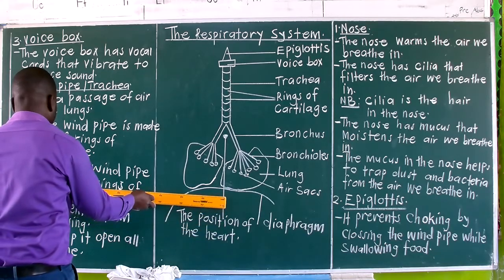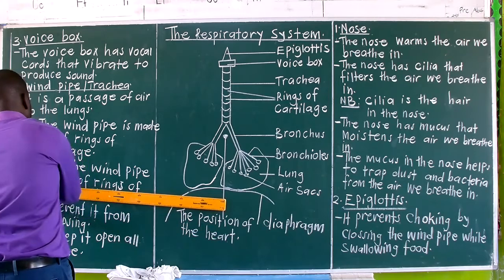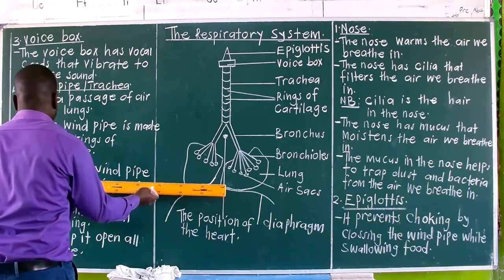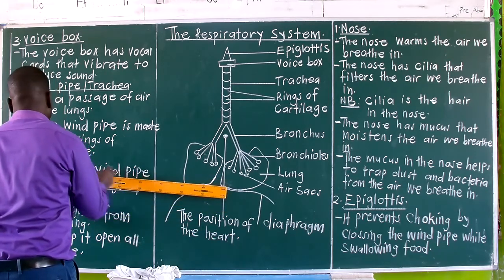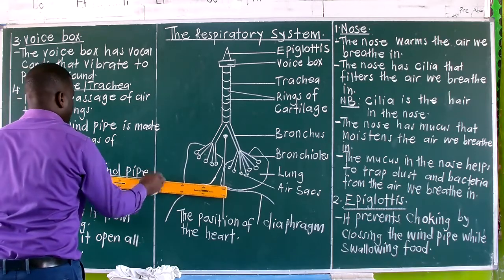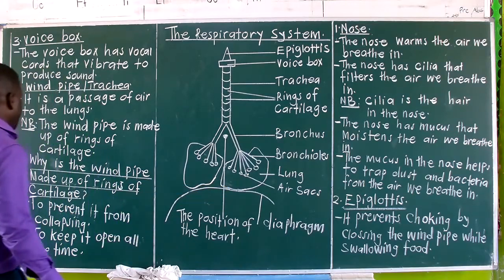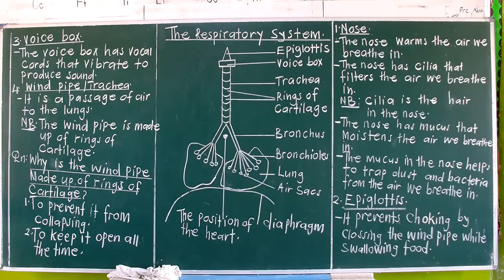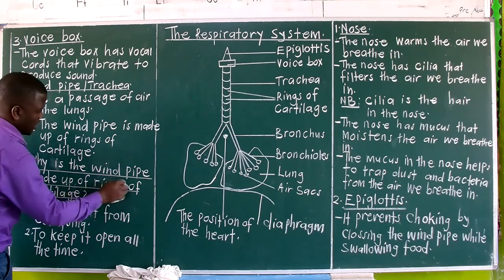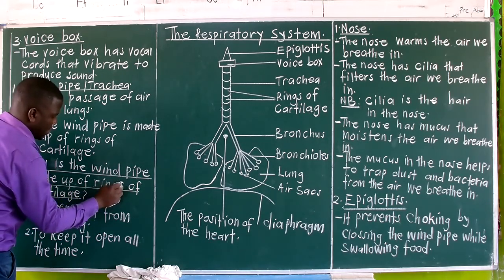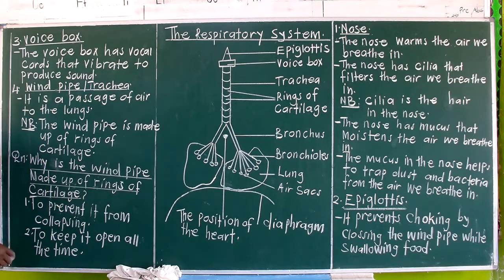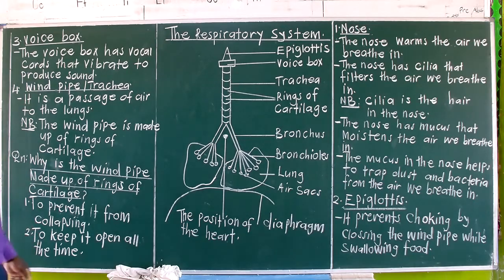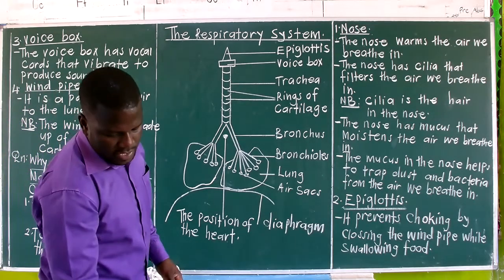The windpipe or the trachea is made up of the rings of cartilage to keep it open all the time and to prevent it from collapsing.